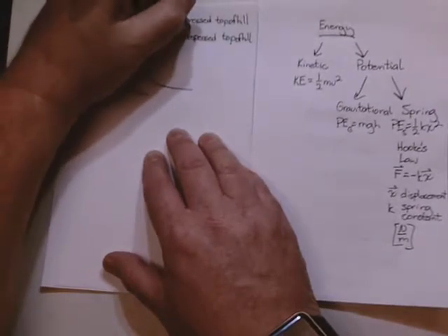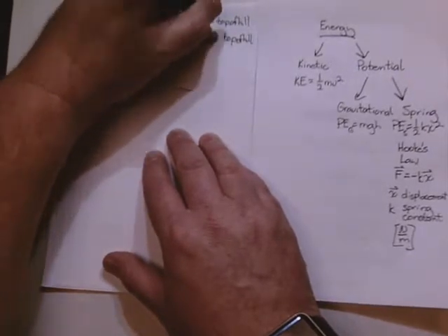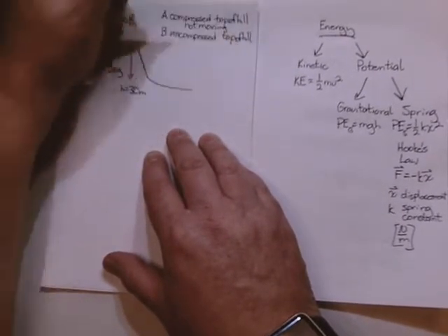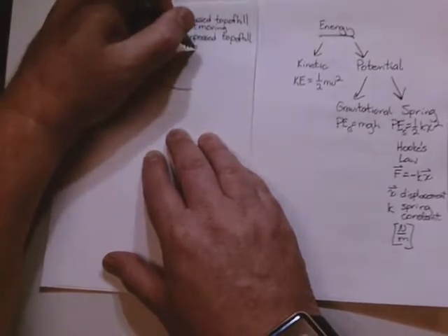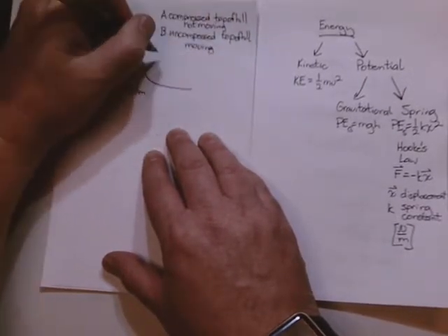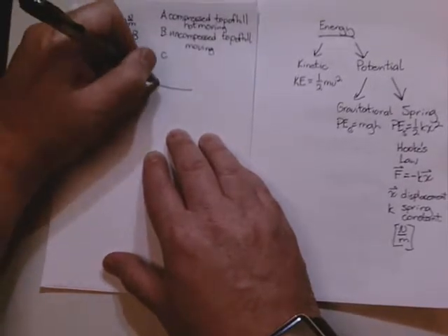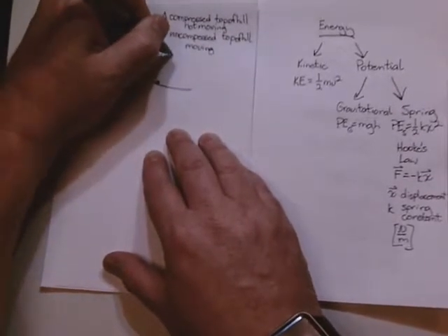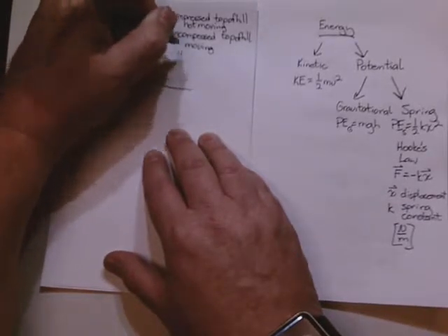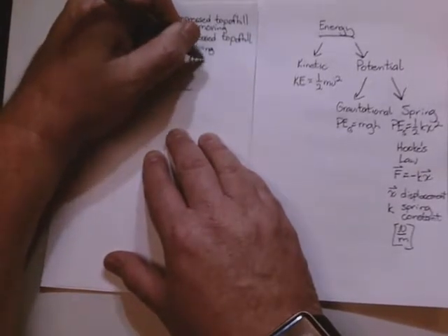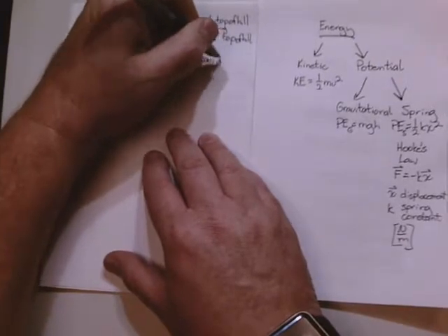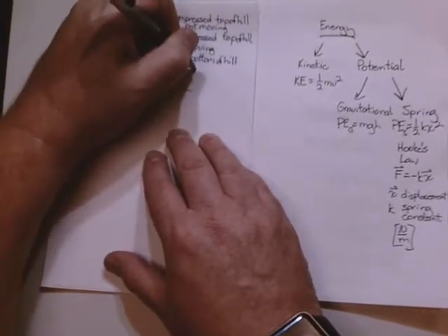A is also not moving. B is moving. C, so A is there, B is there, C is uncompressed, bottom of hill, moving.